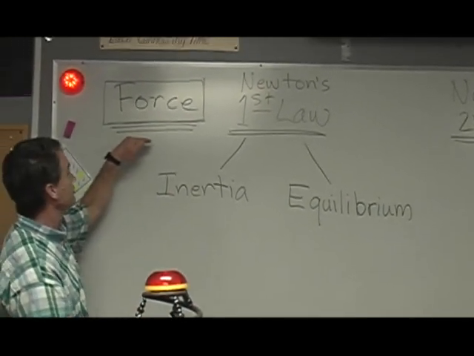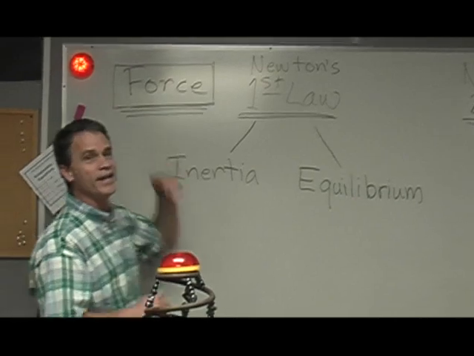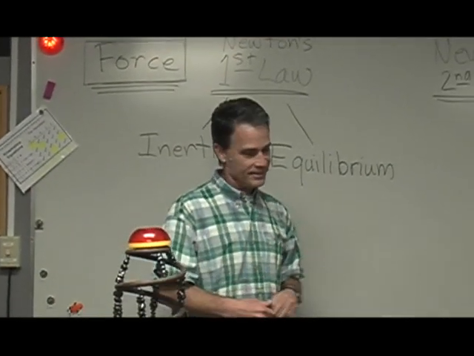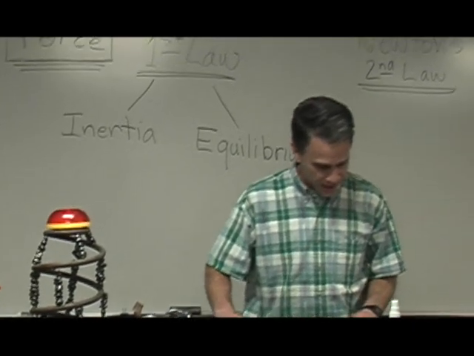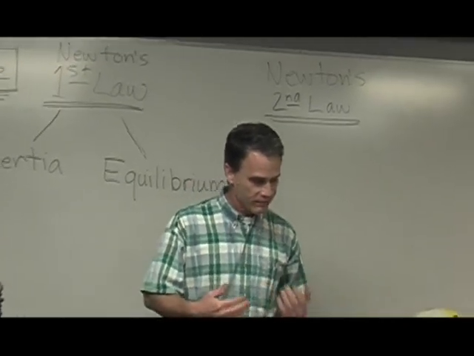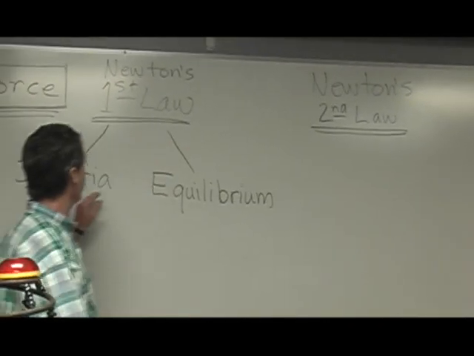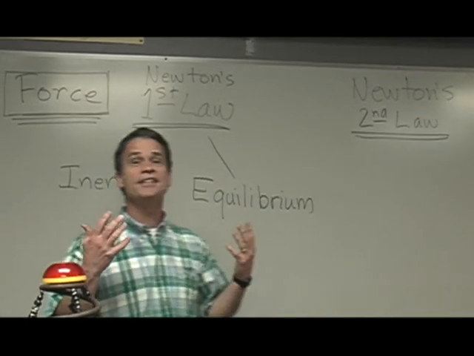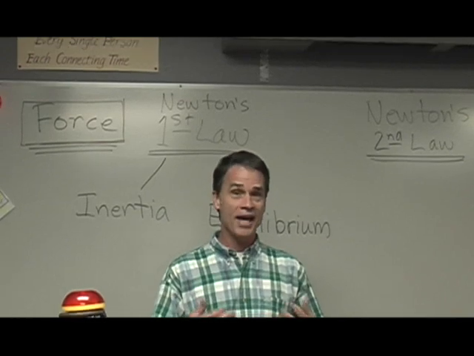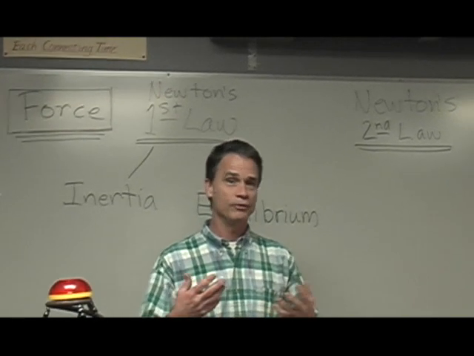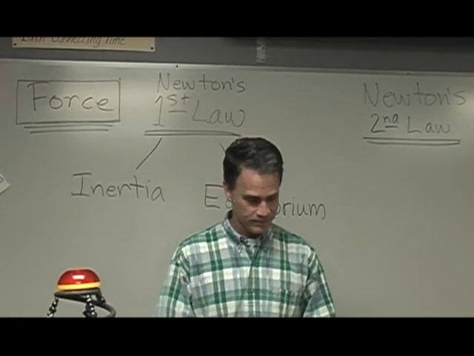So force is what makes things move. It's the why behind motion. And when you have a mass, you have inertia. Every single physical object obviously has mass, so everything has some degree of inertia or other.